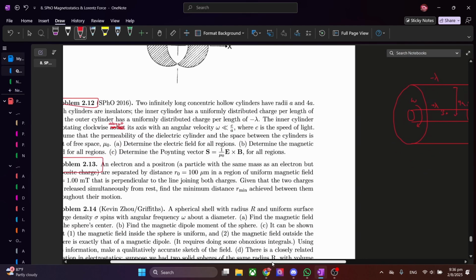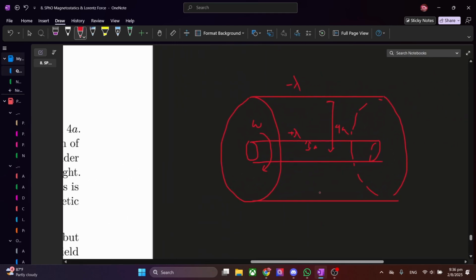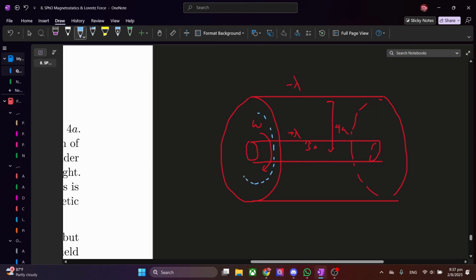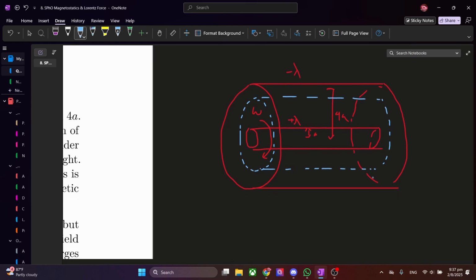The first question is to determine the electric field in all regions, which you should know how to do by your electrostatics chapter already. What we want to do is we take some surface like this. This is your Gaussian surface, okay? And we want to consider the flux out of it.